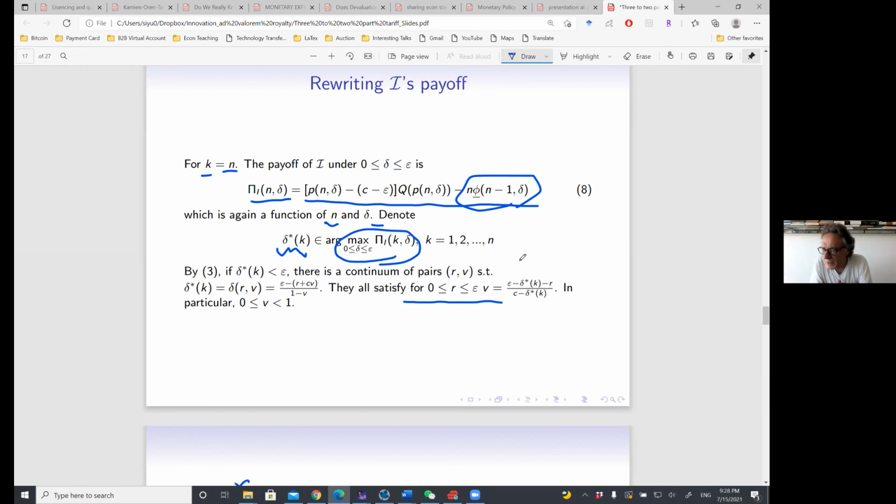But for that, you need that at least K plus 1 will bid the willingness to pay of K.